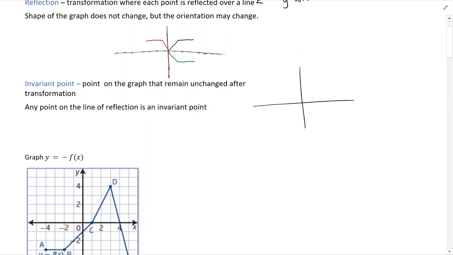As another example, if we have a graph that looks like this and we flip it along the y-axis, our graph will look something like this, right? And that point right there, from the original to the flipped part, has not changed. This is what we call the invariant point.